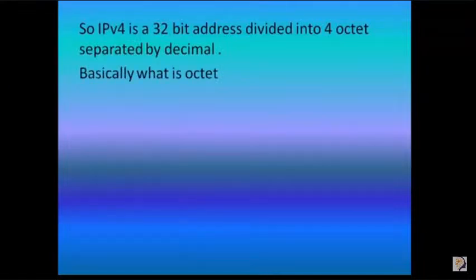Hope you are familiar with the terms bits and bytes. So 32 bits divided into 4 octets separated by a decimal point. Now what is this word octet? I don't want to leave a single word that makes you confused.